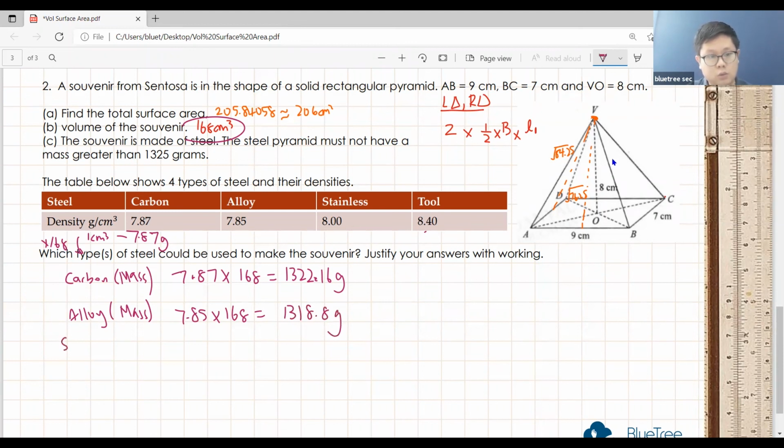All right, and let's do the last two as well, for the stainless steel as well as the tool steel. They are all simply multiplying. You get the idea. You can see the steps are basically just one step for each of these masses, to find out whether they are within the limits.